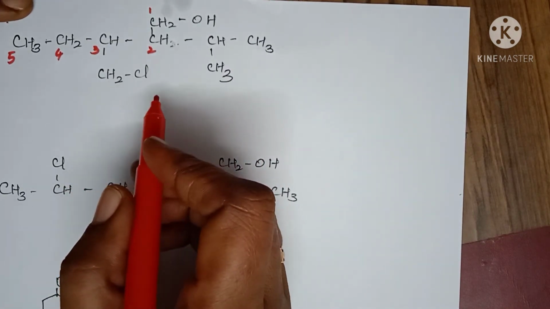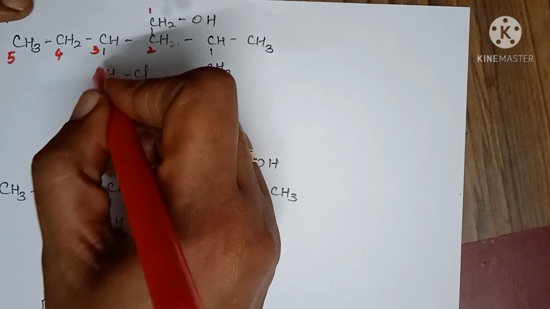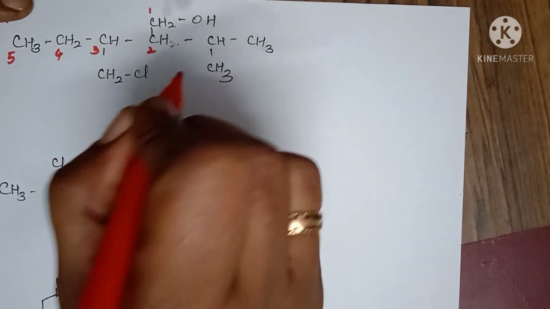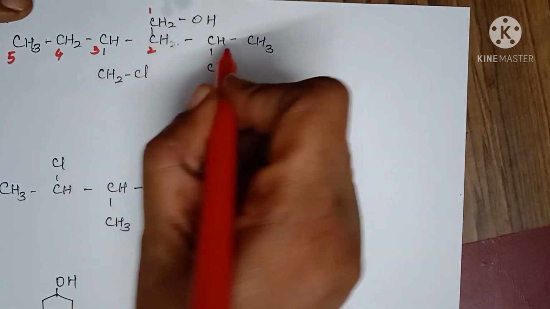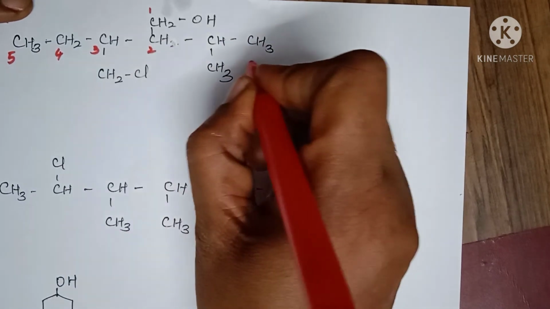In that, a chloro group also is attached. Where is it? In the third carbon, a chloromethyl group is attached. Okay. In the second carbon, what is it? Propane is attached. Now, how can you name this?